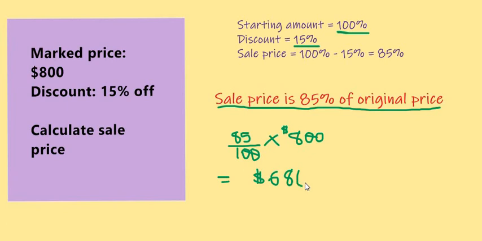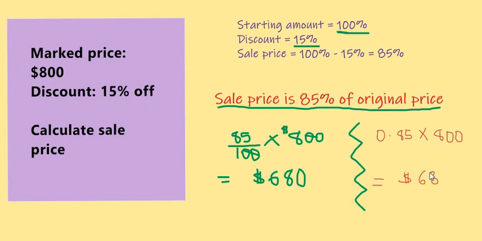All right. So this step is easy. This step is the easiest step. Or if you don't want to write your 85% as a fraction, but you want to write it as a decimal, 85 divided by 100 is the same thing as 0.85, and you just multiply 0.85 times 800. And we get the same 680.